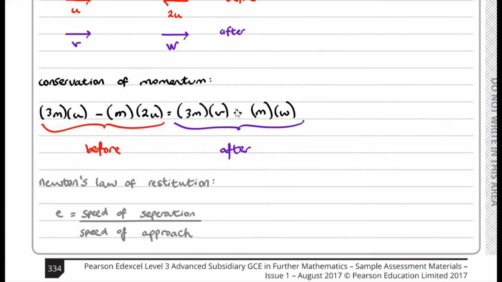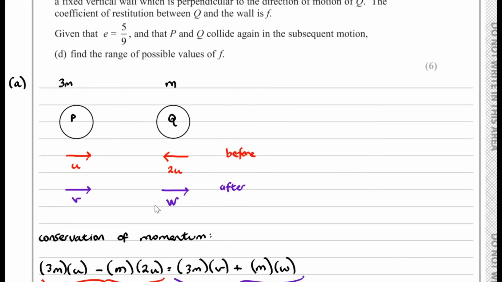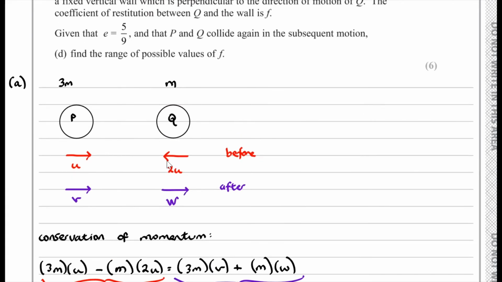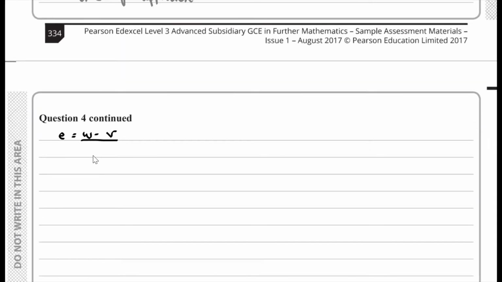If we consider the speed of separation, we have W minus V. And then the speed at which they're approaching at, we have U plus 2U. They're approaching each other, so we have 2U plus U.